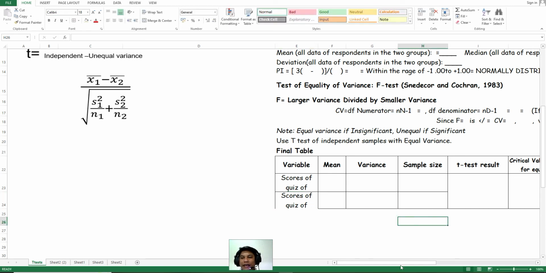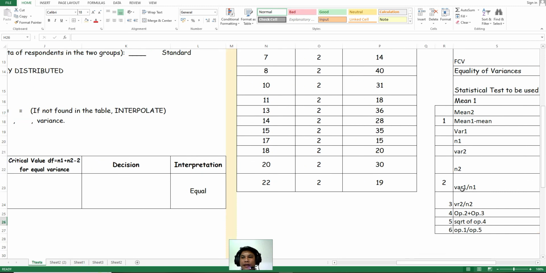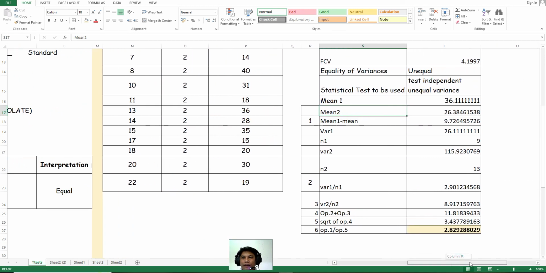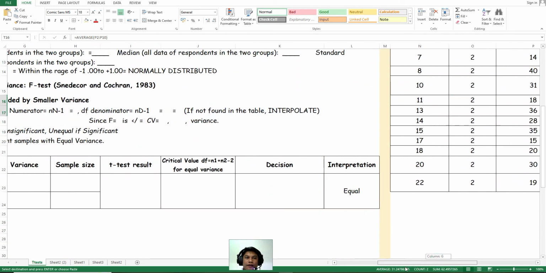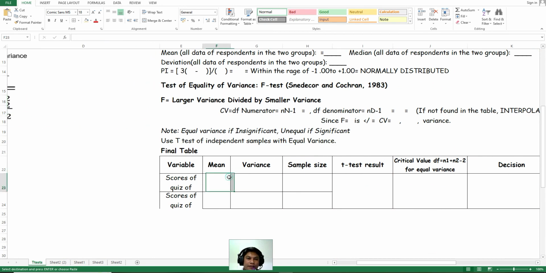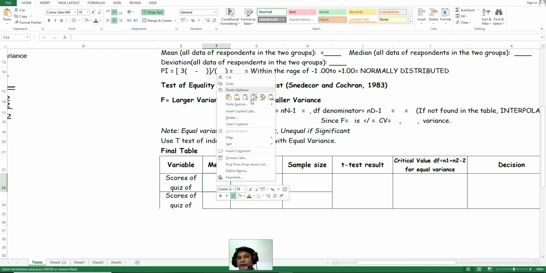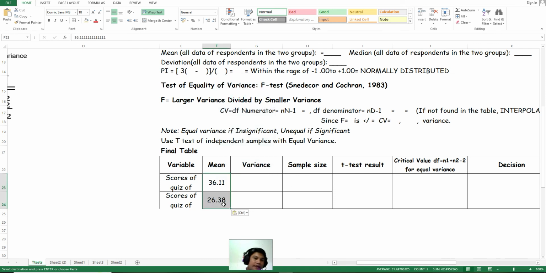So what is the mean? Let's go back. The mean here for section 1 and section 2, mean 1 and mean 2. These are the corresponding means, so we will just copy that. And then we have to get the variances.